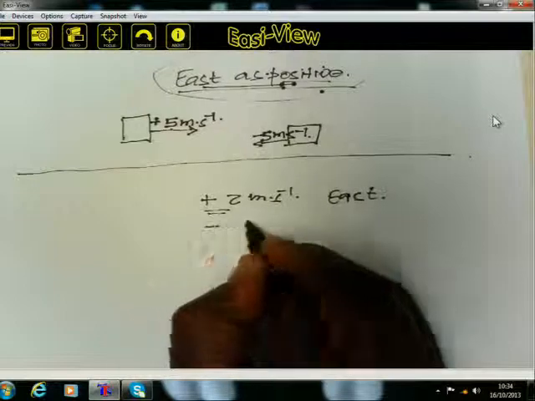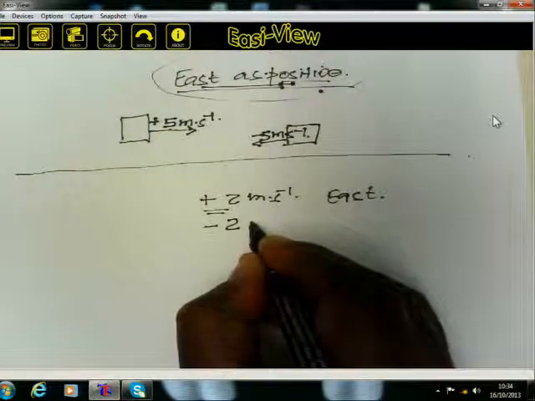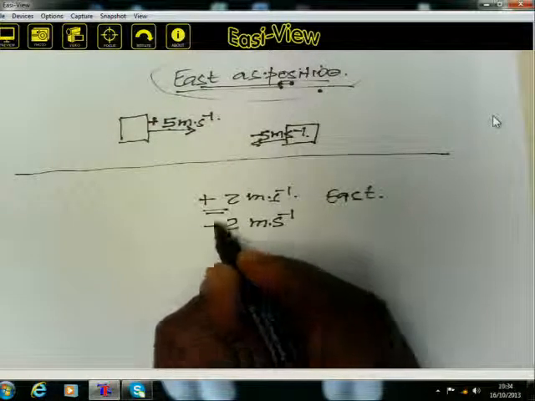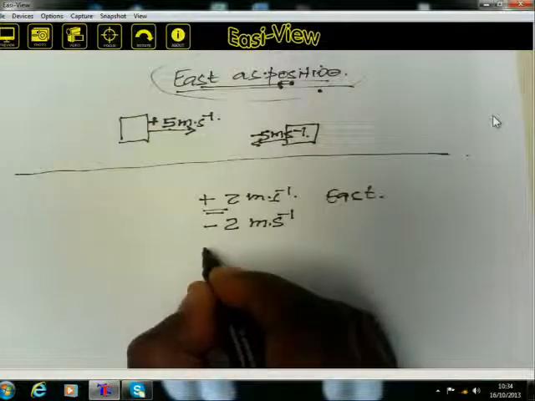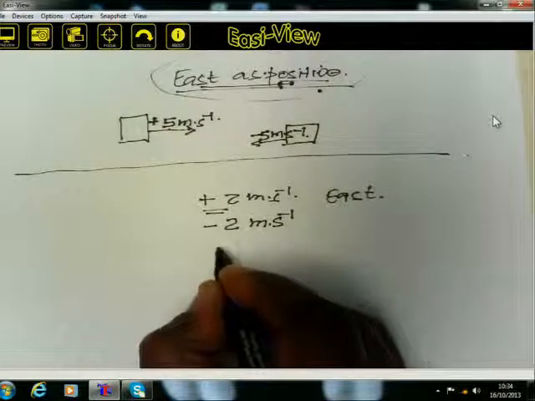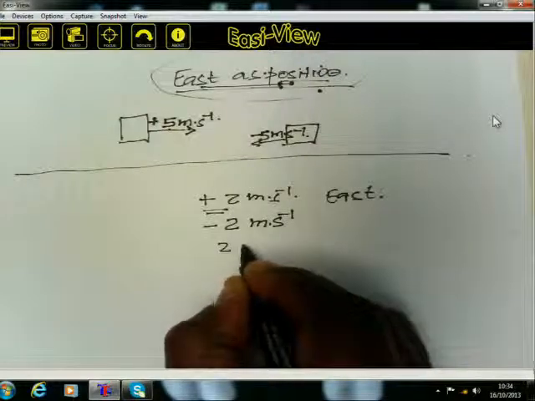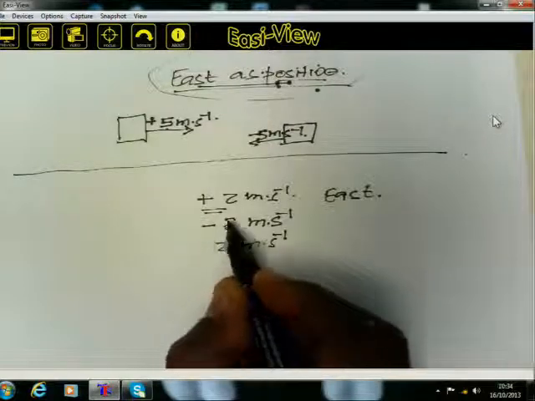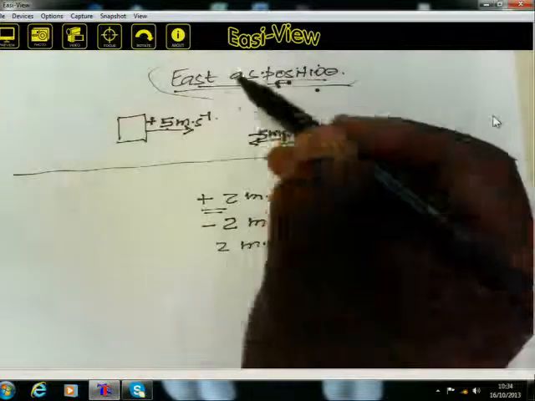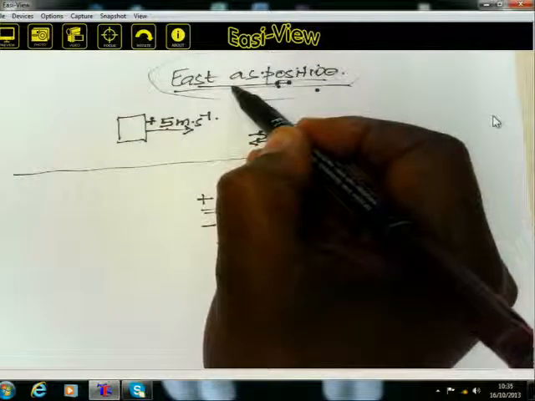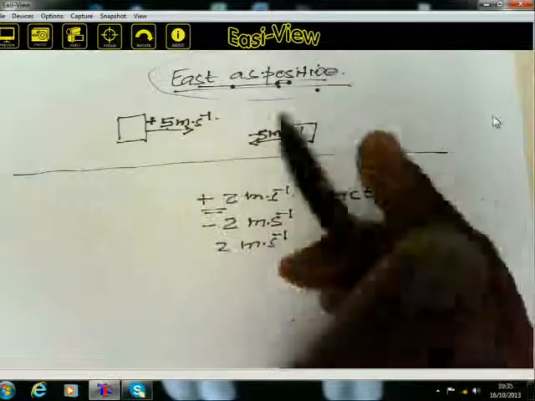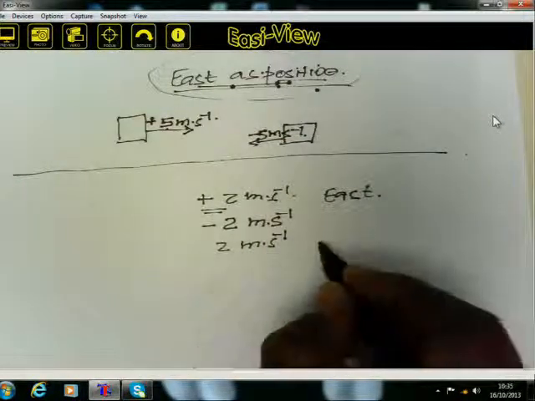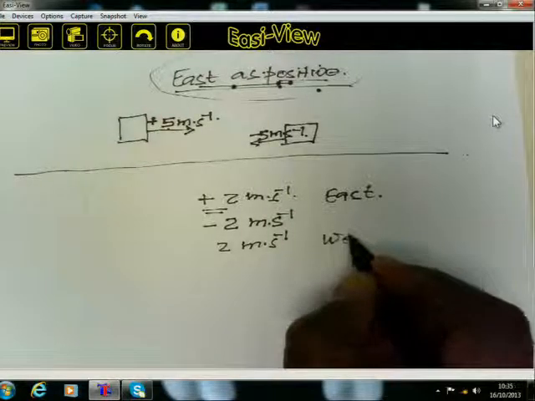Conversely, if your answer to the question is negative, then you interpret that negative answer so that we write it as a positive. We will therefore say that it is 2 meters per second. But now notice that the initial one was negative, meaning that since our initial choice of direction as positive is east, then negative will be west. So we write this as 2 meters per second in the direction west.